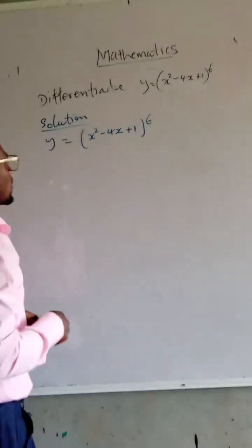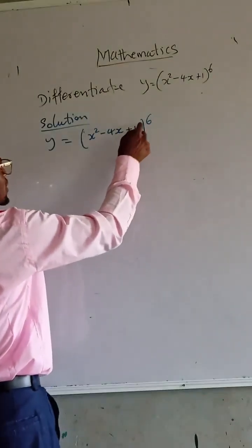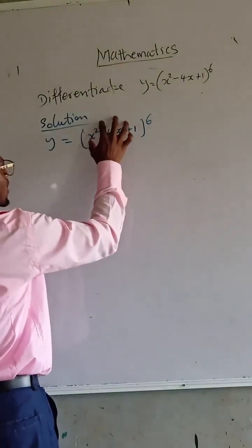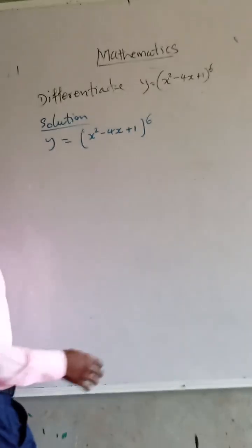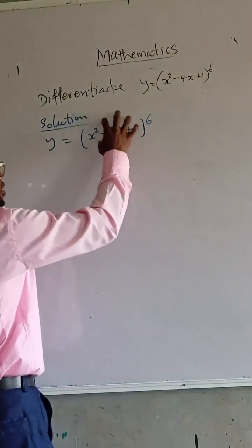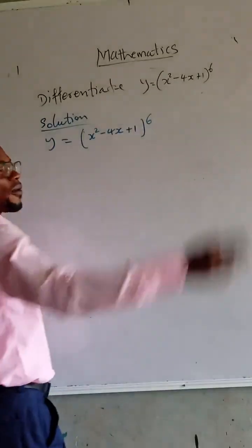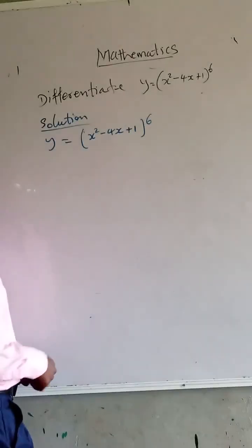So what do we do? When you look at this, this value inside appears how many times? 6 times. This multiplied by this multiplied by this, 6 times, will take a long day to solve.